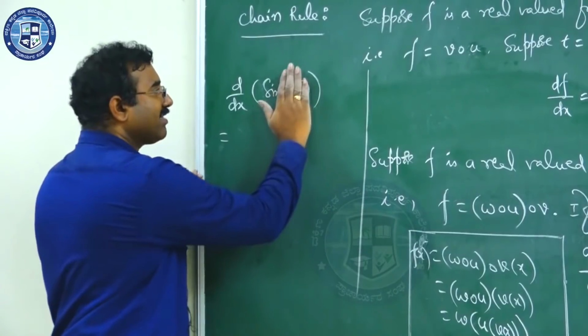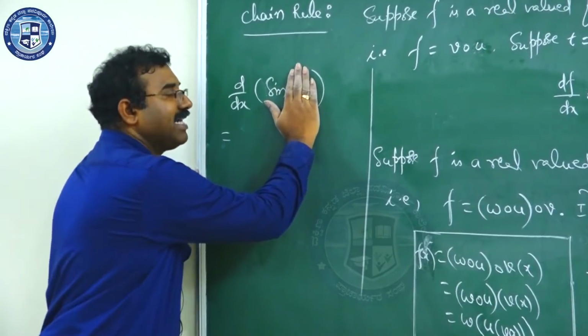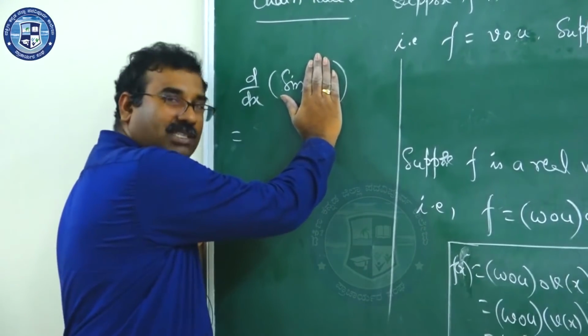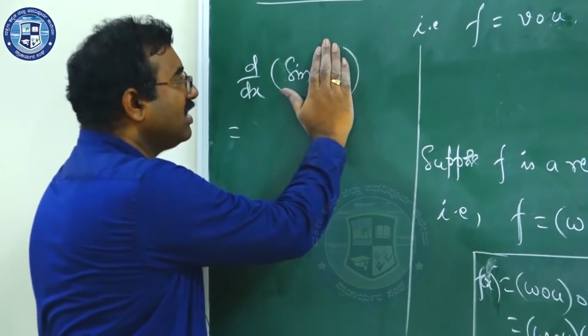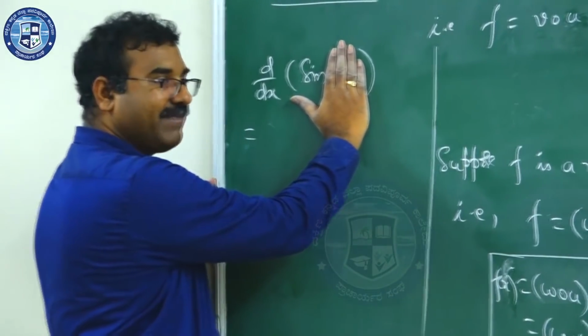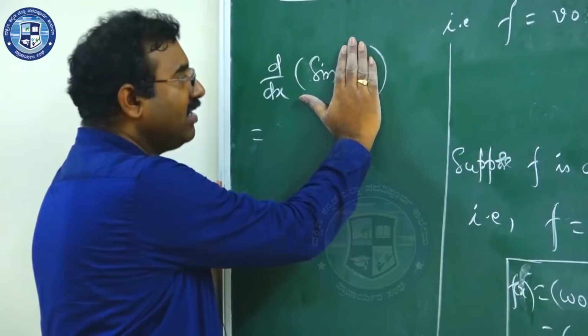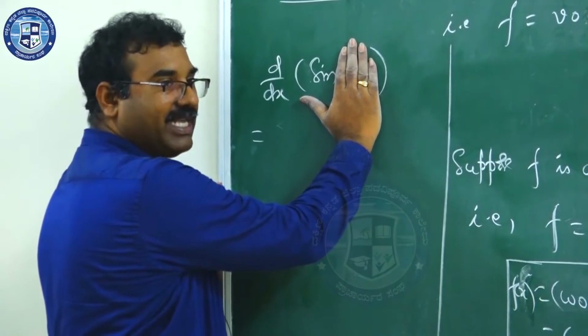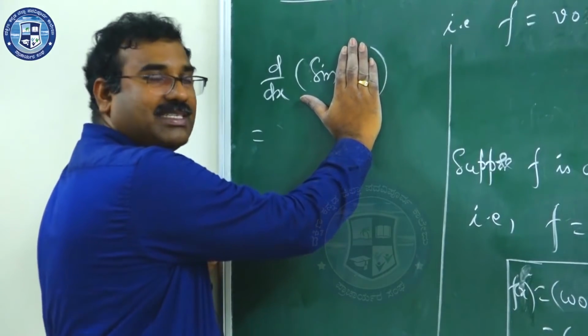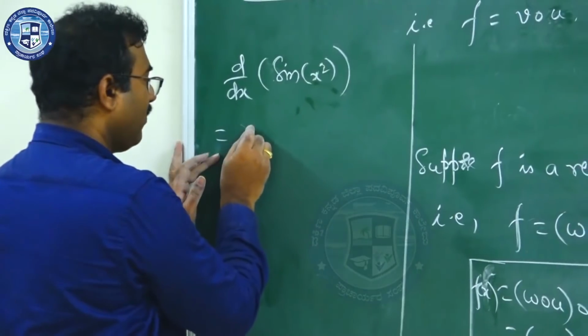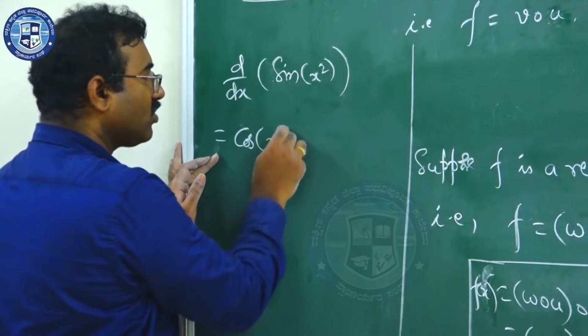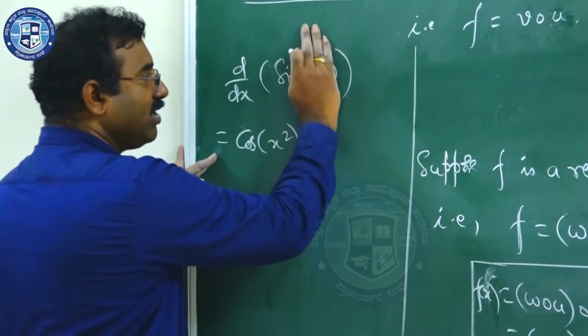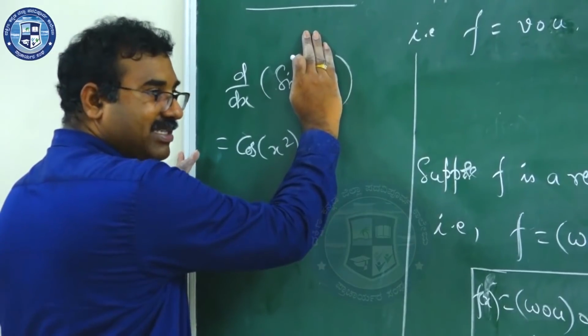In a simple way, for the outer function, whatever is present inside, just assume it is x. What is d by dx of sine x? In previous sessions we have studied that d by dx of sine x is cos x, right. So cos of x square, but we assumed it as x and worked it out, and it is not really x.